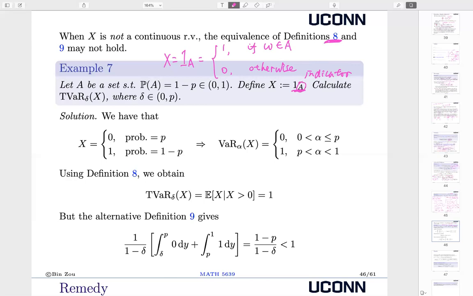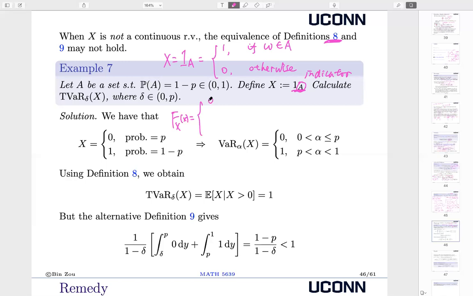Now I want you to calculate TVaR, where delta is something between 0 and p. Of course, this is a discrete random variable. It takes two values, 0 and 1: 0 with probability p, 1 with probability 1 minus p. Then you can easily write down the CDF.